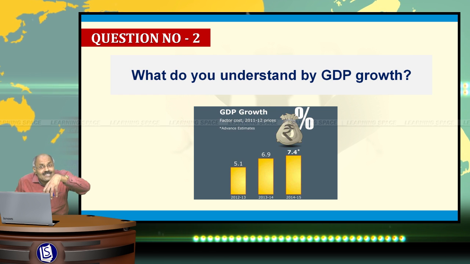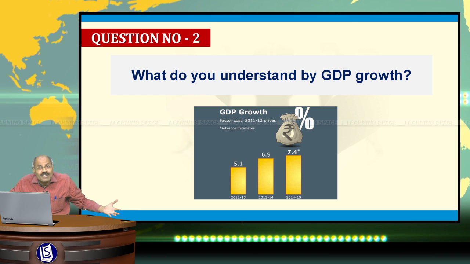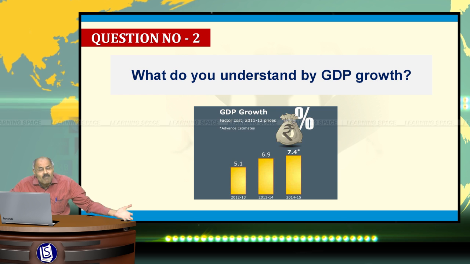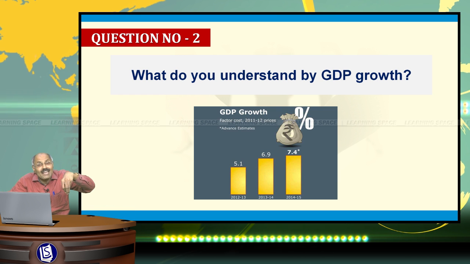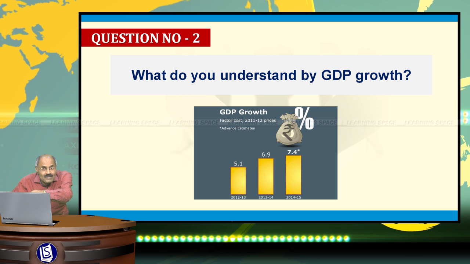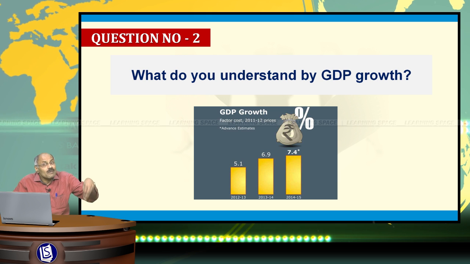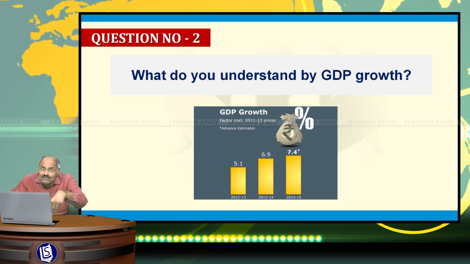But developing countries like India require more growth because a lot of people are still living below poverty line. To bring them out of poverty line, we require high growth rates of around 8%, 9% or 10%. And this year, the economy is expected to grow somewhere between 7% and 7.5%.